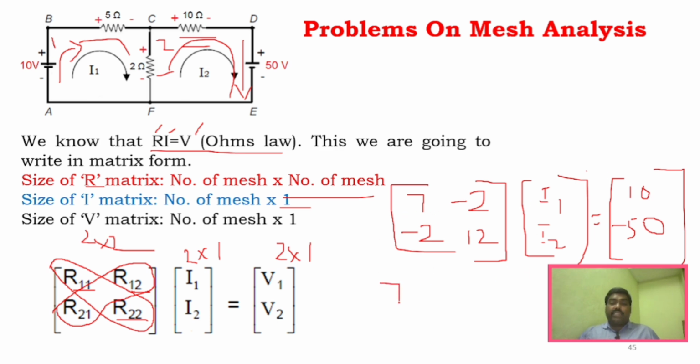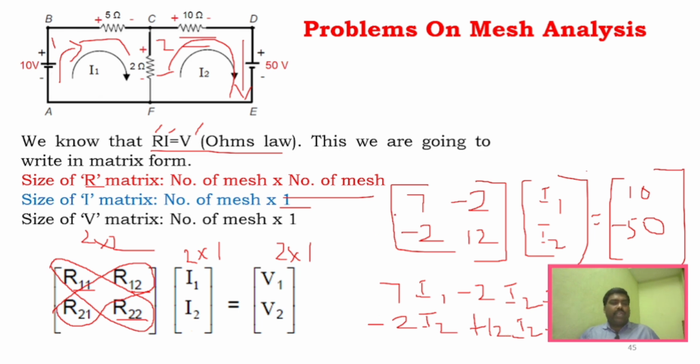What is that? 7 I1 minus 2 I2 equal to 10. Similarly, minus 2 I1 plus 12 I2 equal to minus 50. This is the equation. From this equation, you can solve and find out I1 and I2.